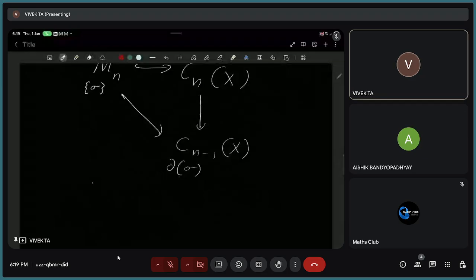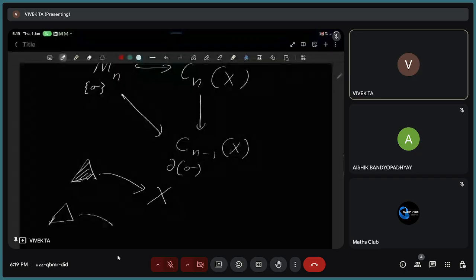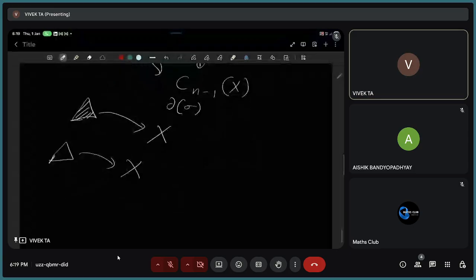So a visual analogy. If you had a triangle and you mapped it to X, now if you take dou of it, the dou of this map will be the map that maps this triangle to X. But this is the same as mapping this first to X, this second to X, and this third to X. So essentially a concatenation of these three maps.